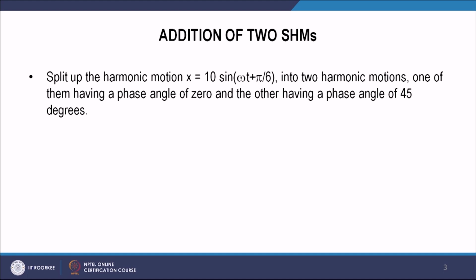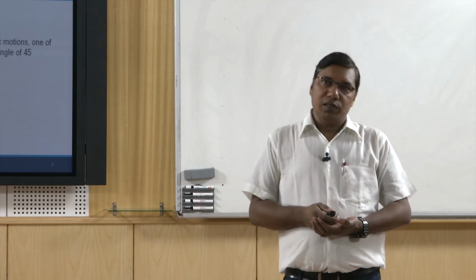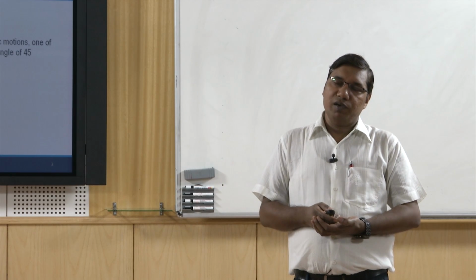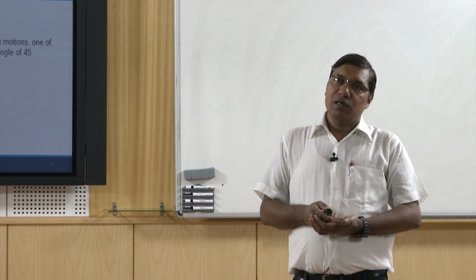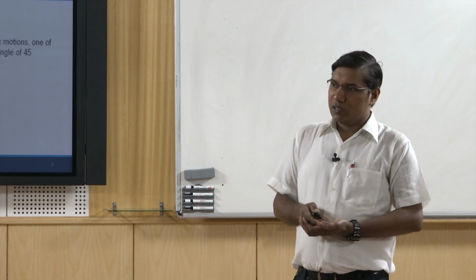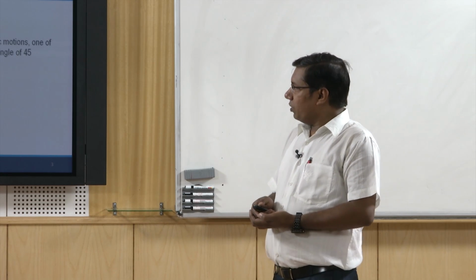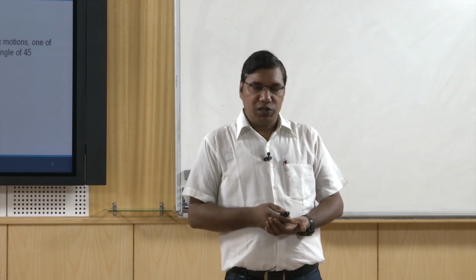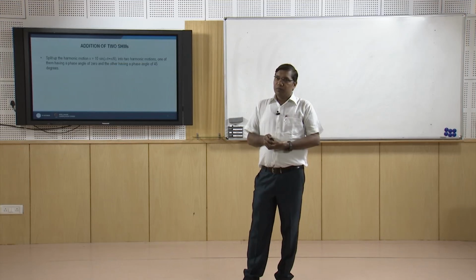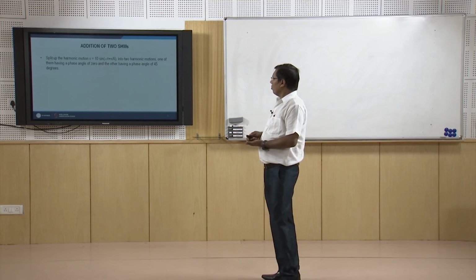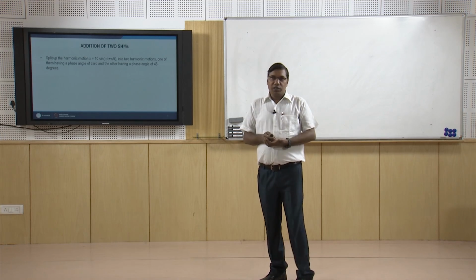If you remember, we derived the formula for the addition of two harmonic motions. Here we have the reverse problem. We are given the harmonic motion and we have to split this into two motions. So, let us solve this problem.